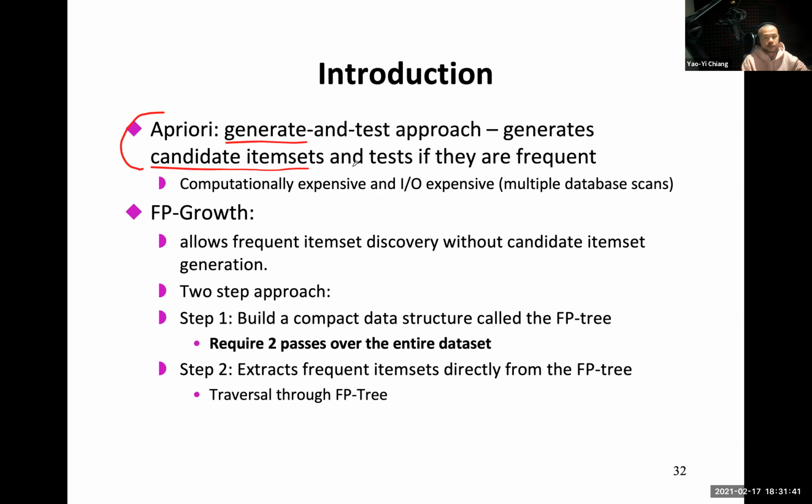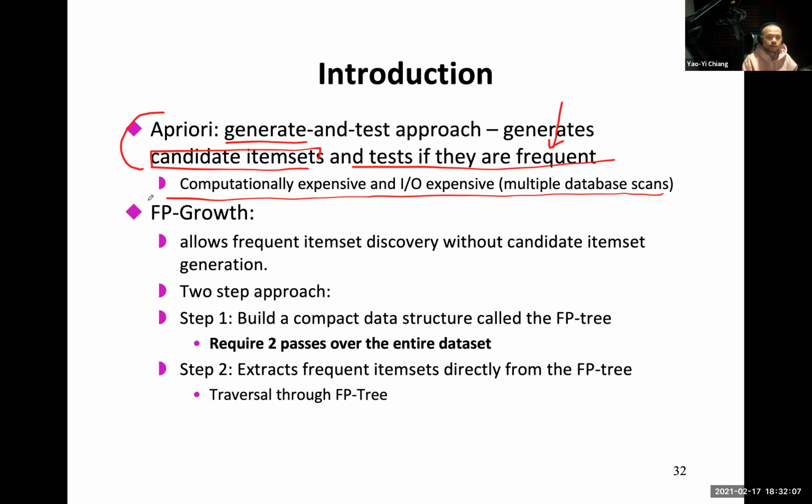Then we test them to see if they are frequent, right? And our goal is to have very small candidate item sets so that when we test them, we are able to put everything in the main memory. But all these approaches are really computationally expensive, IO expensive. Remember, if you want to identify pairs, you have to read it twice. If you have to identify triples, you have to read it 3 times, right?